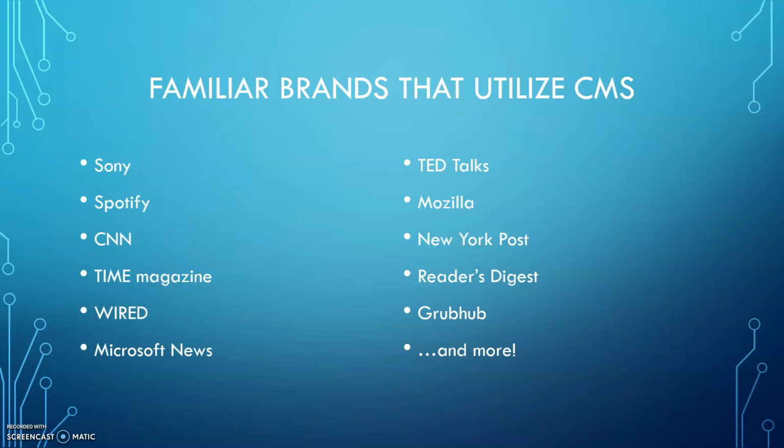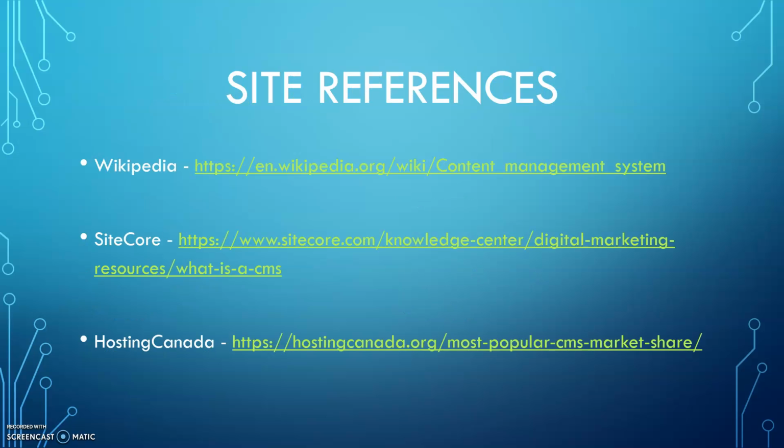But these are some of the major sites that use this, and I definitely recommend visiting some of these sites and taking a look at just the sheer power of a content management system. You really wouldn't sometimes even realize that it was all created using just a simple interface rather than a huge amount of custom code.